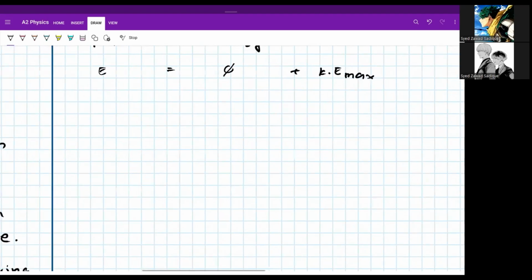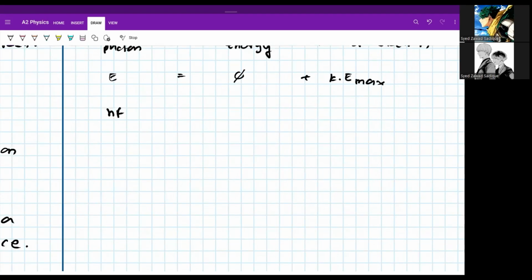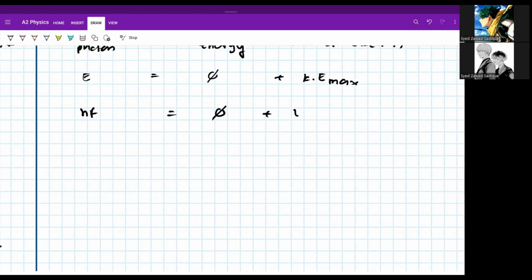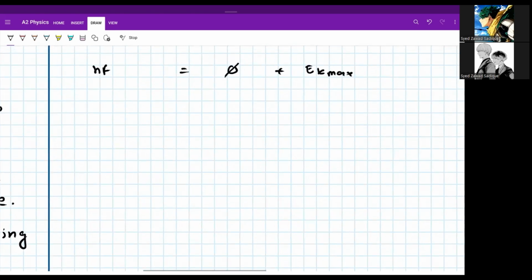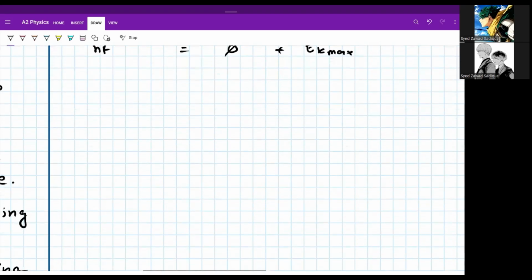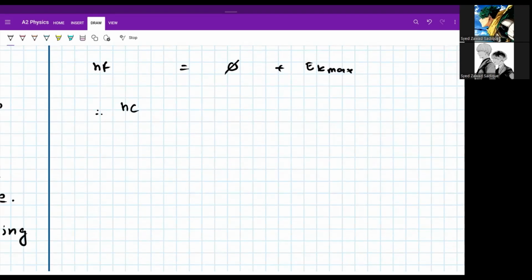Now we can also write E is equal to hf, as we learned in the first concept. Psi is the work function, and we can write Ke max as Ek max. Therefore, hc by lambda is equal to psi plus Ek max.